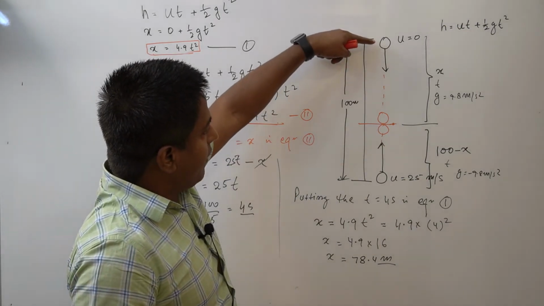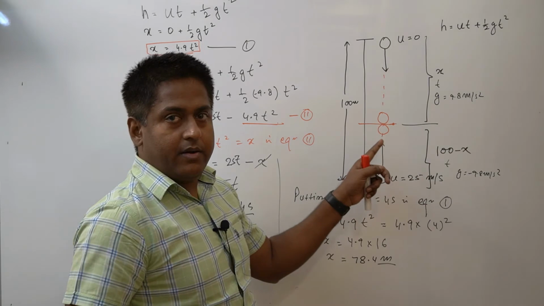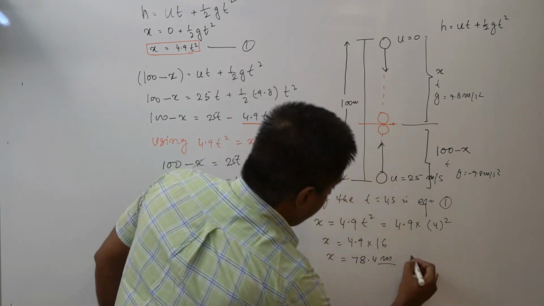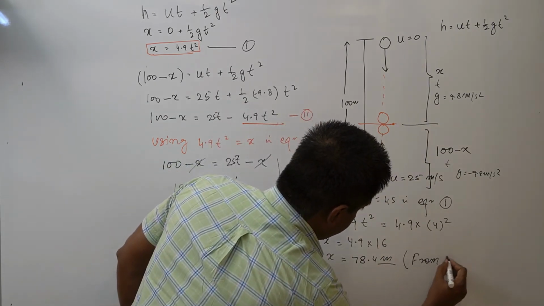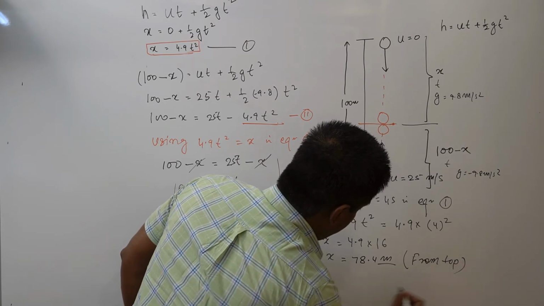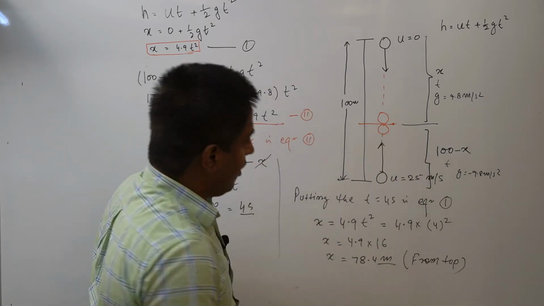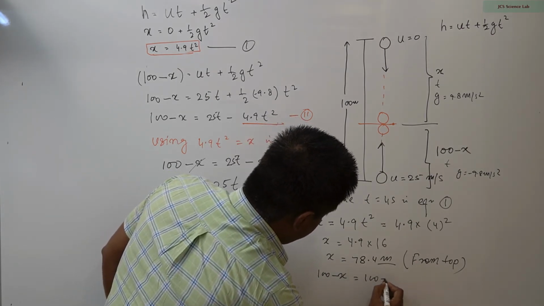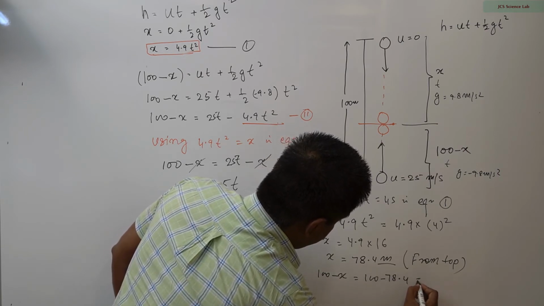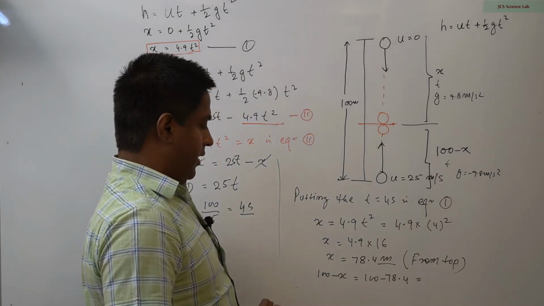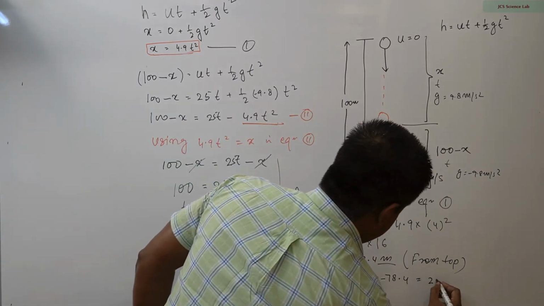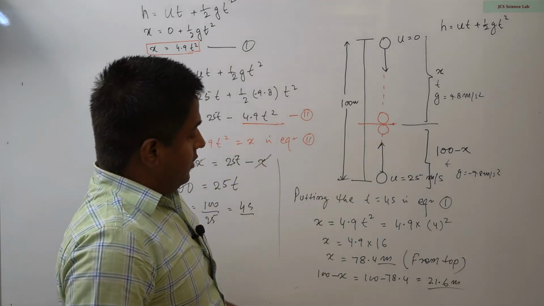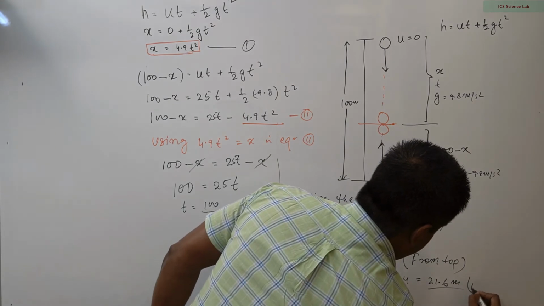It means from the top they will meet at 78.4 meter. And from the bottom, 100 minus x is equal to 100 minus 78.4, and that is equal to 21.6 meter. So from the ground.